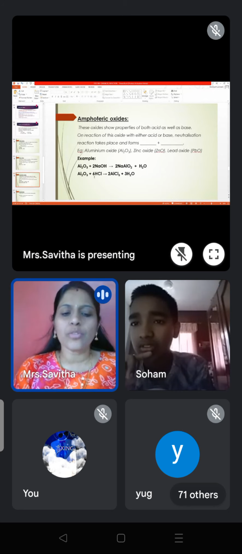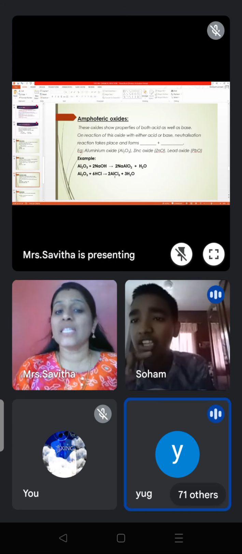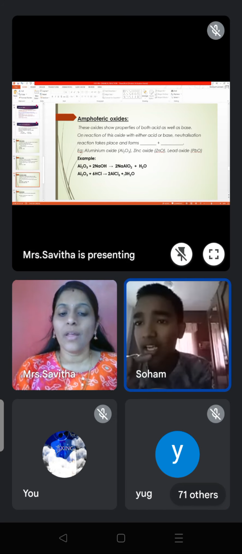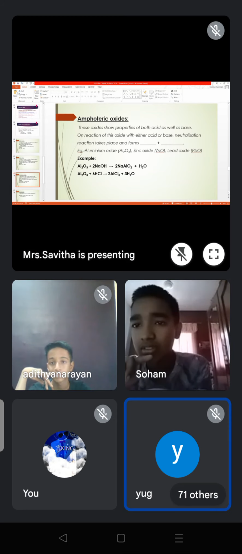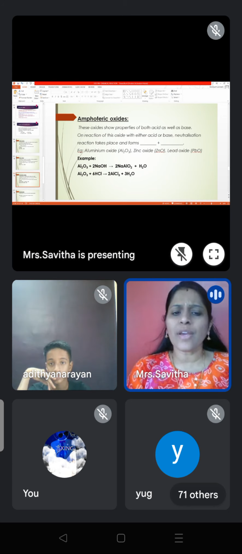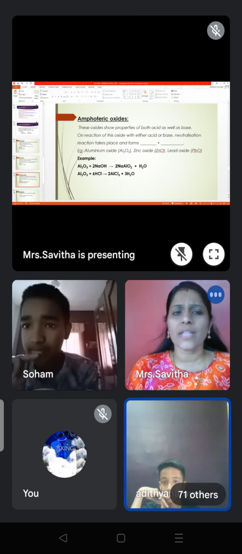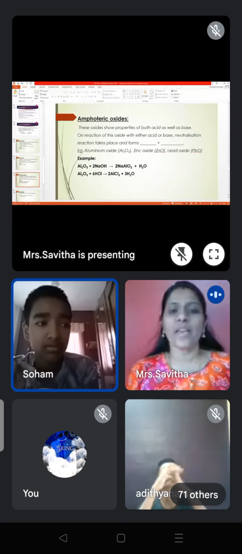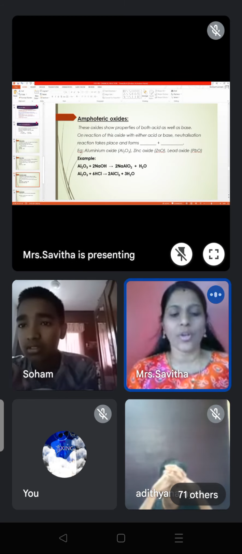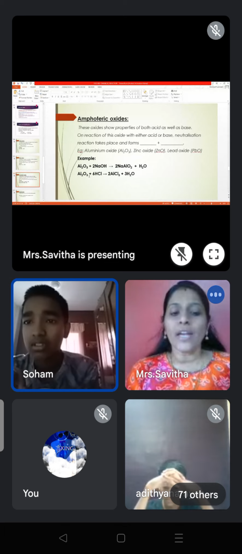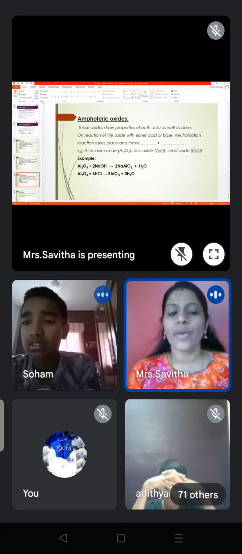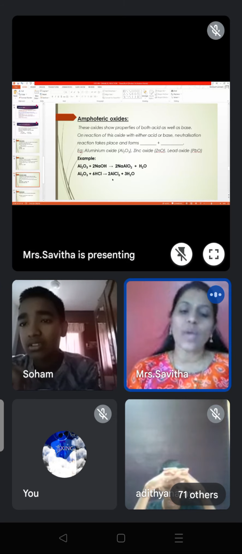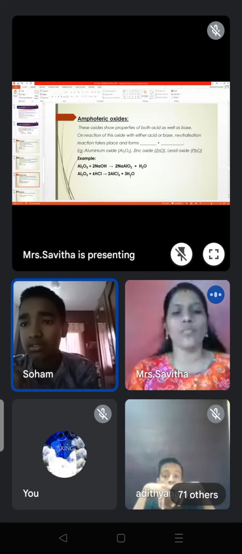In the textbook I have taken different examples; there it is H2SO4, giving aluminium sulfate. Here, Al2O3 plus HCl gives you AlCl3, aluminium chloride, the salt, and water.